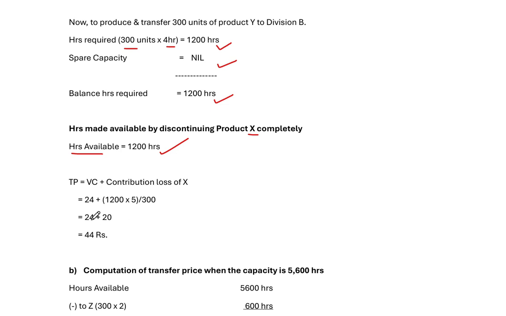Now add the variable cost, and we will find the total transfer price of 44 rupees. But division B can buy from the market at 45 rupees. So the acceptable transfer price will be in the 44 to 45 rupee range. Generally 44 per unit will be the transfer price.